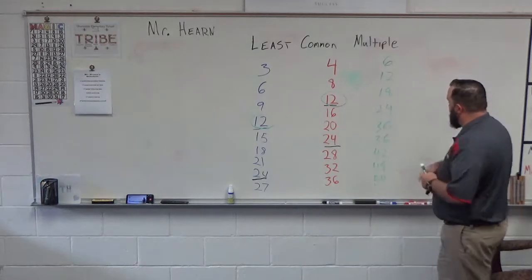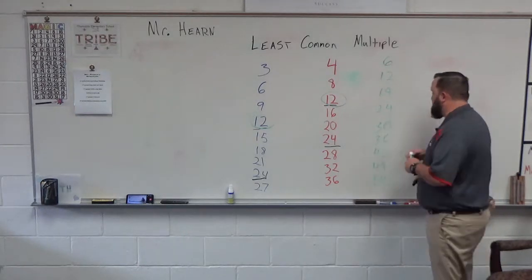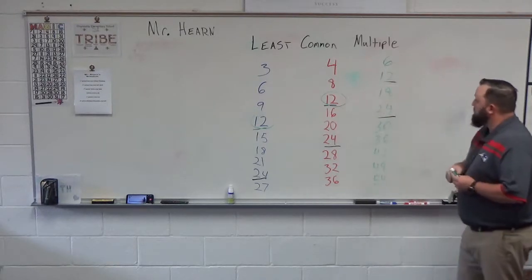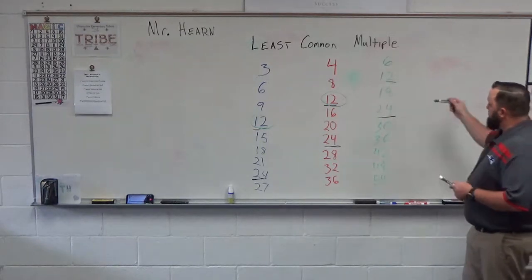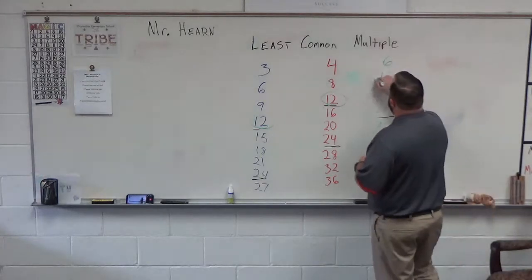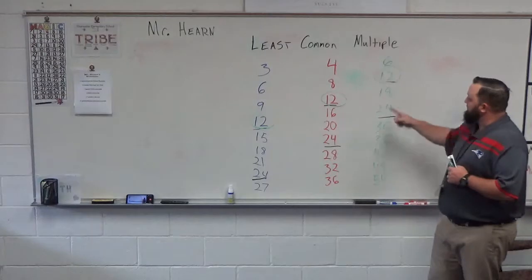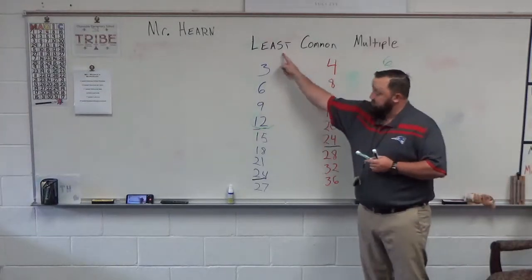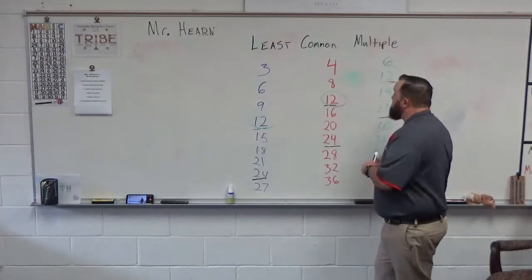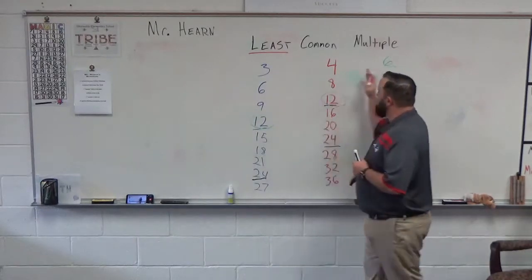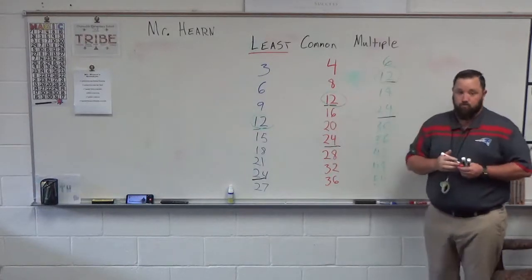I can see that 6 also has the common multiples of 24 and 12. So if I had a list of 3 numbers, like 3, 4, and 6, I can see that the least, being the key word here, folks, least common multiple of 3, 4, and 6 is 12.